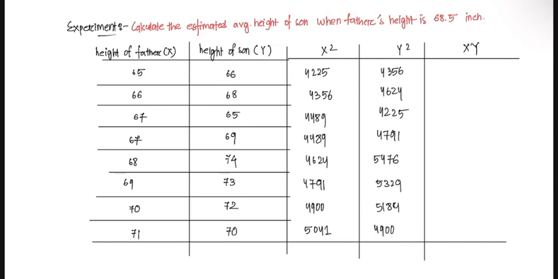This is 65 multiplied by 66, 4290. 66 multiplied by 68 is 4488. 67 multiplied by 65 is 4355.